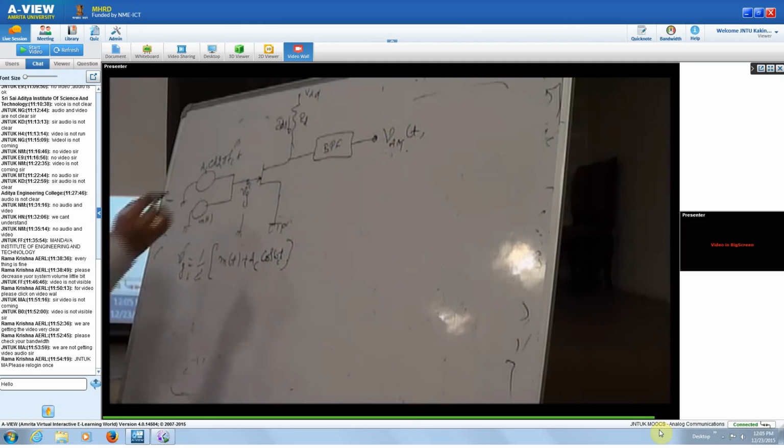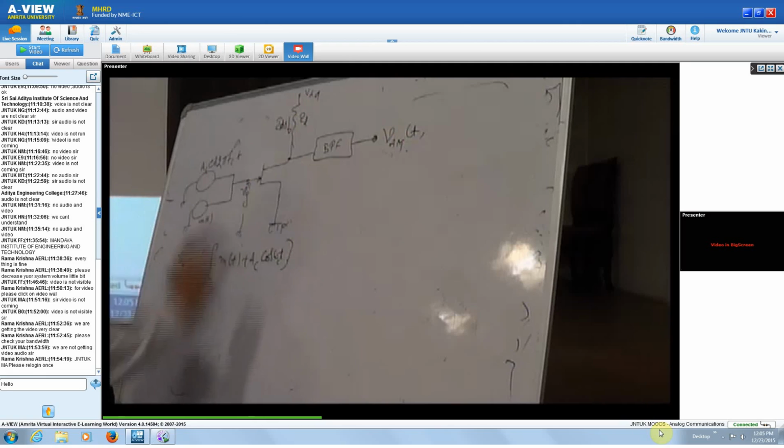What will be the output voltage here? We are taking this as a second order non-linearity.